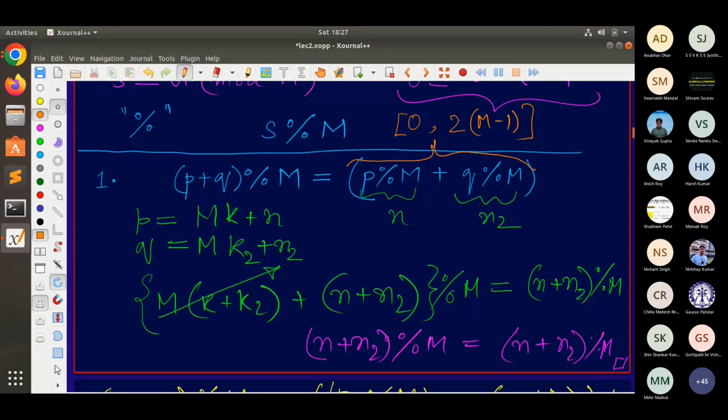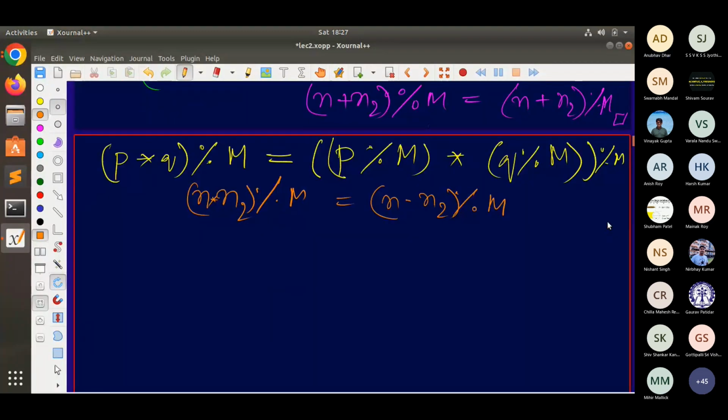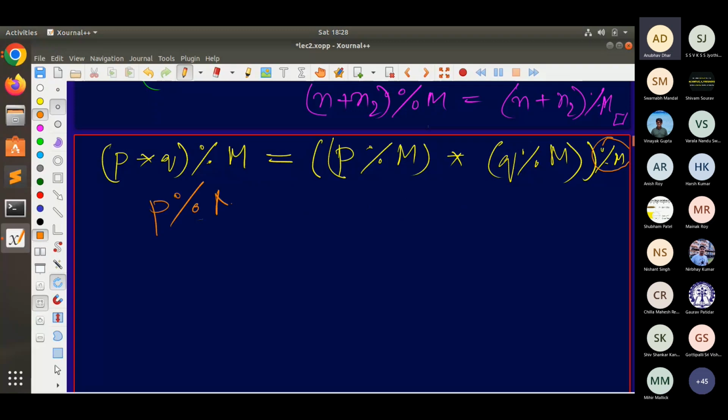You just want this to be in the range 0 to m minus 1, so you do need to take a third modulo for this. Similarly, over here, you can't just forget about this modulo. This is important. So convince yourself that you can do something like this with multiplication as well. These are all pretty clear.